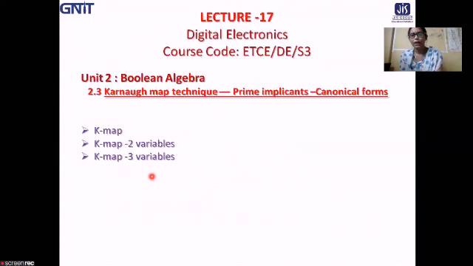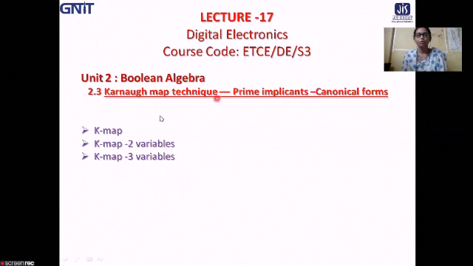So let us move to the short lecture plan of this lecture number 17. Now we are in module number 2, that is Boolean algebra, and in module number 2 we are in this sub unit, that is unit 2.3, Carnot map techniques, prime implicant and the canonical forms.